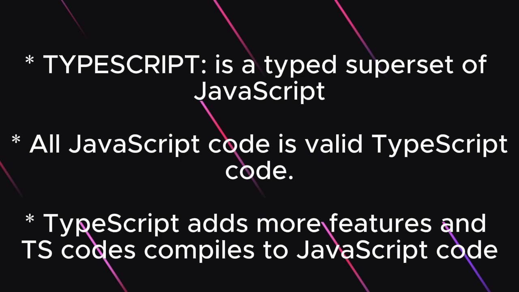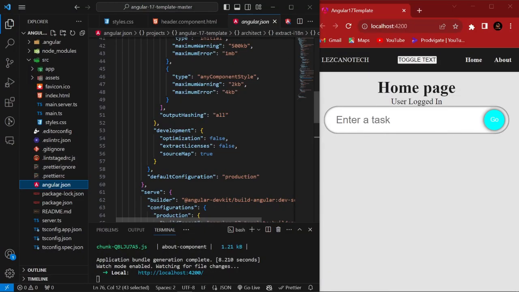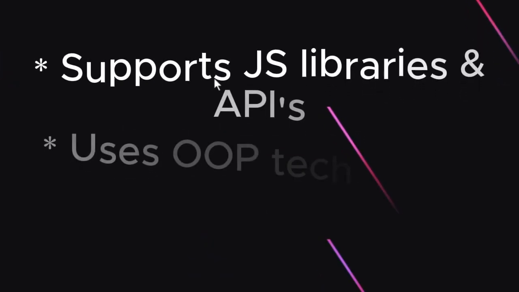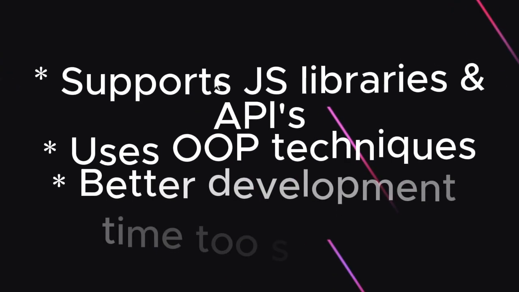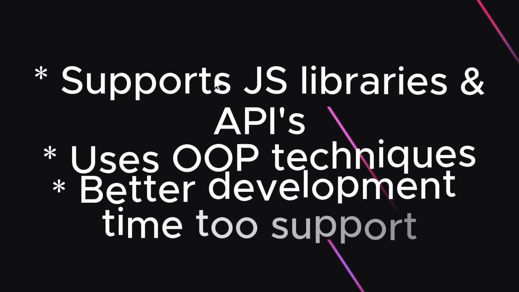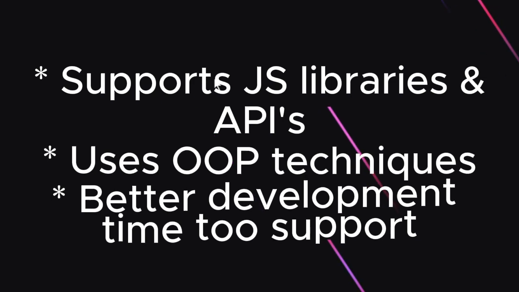So why TypeScript? Why do you think we are using TypeScript in Angular version 17? It supports JS libraries and APIs. Angular uses OOP techniques, better development time, to support additional features to JavaScript.